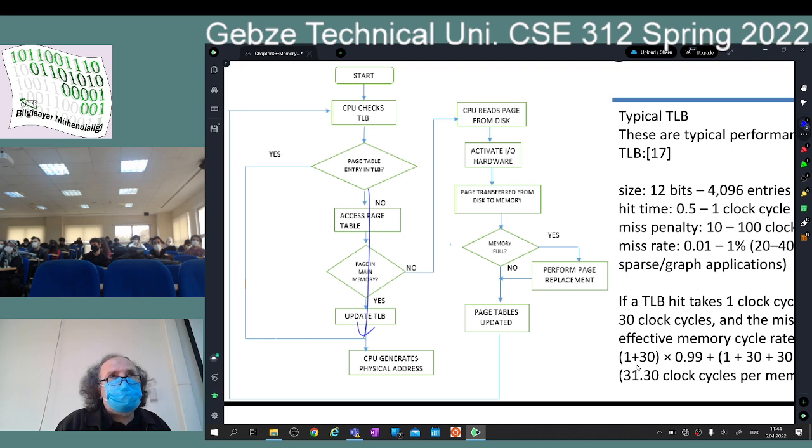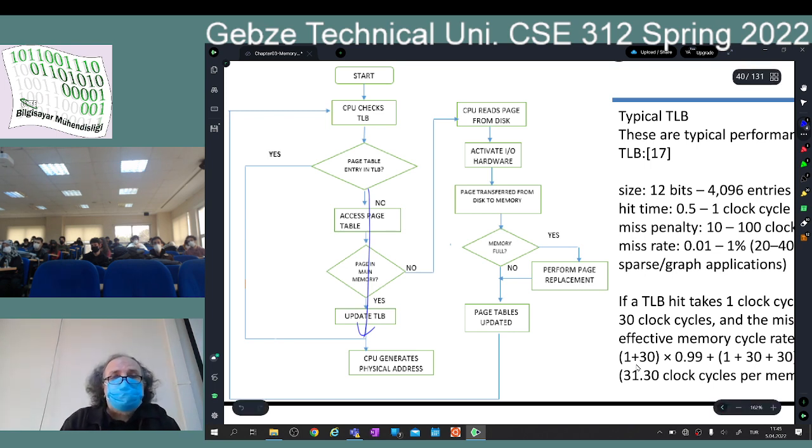Because I know that physical memory is limited, my virtual address space is larger than my physical memory, and on top of it, I need to keep many programs in my memory at the same time. Probably my memory is full. What do I do? I need to replace one of the pages from my memory. That means what?